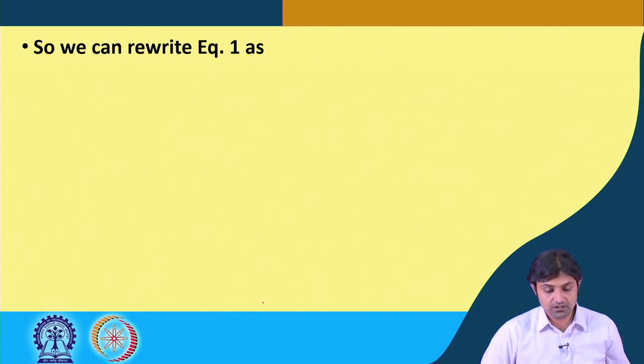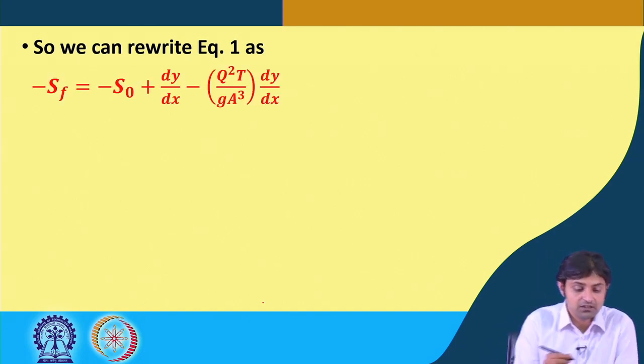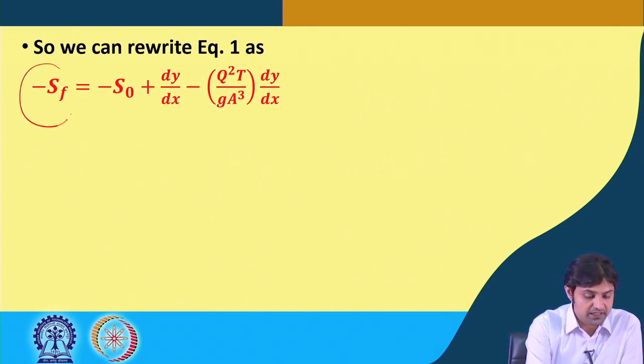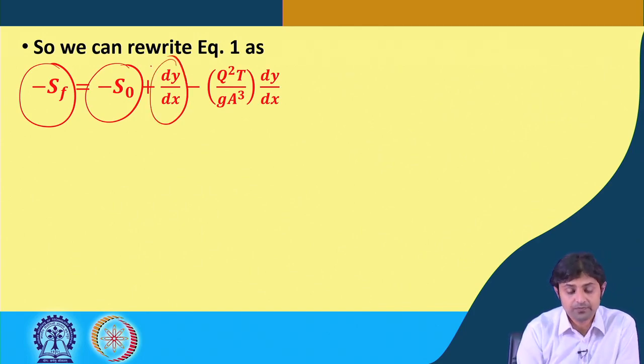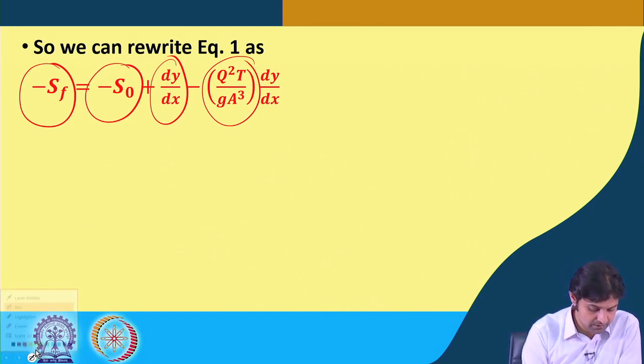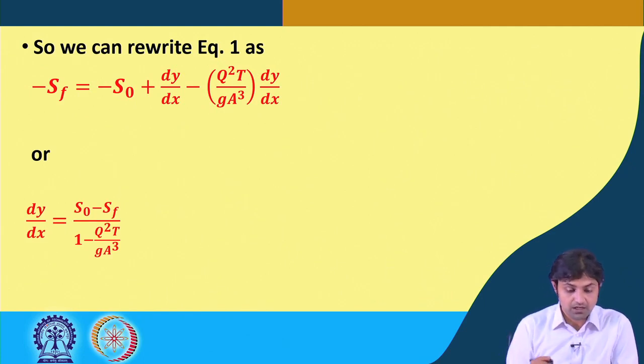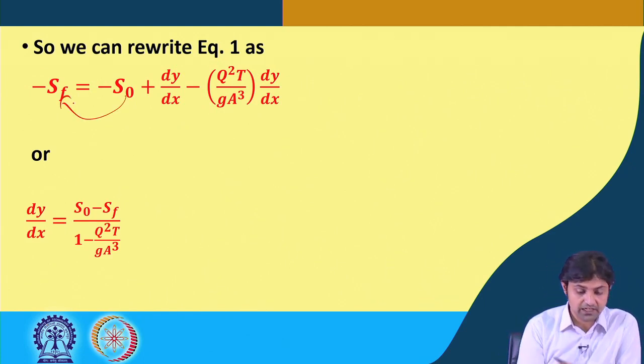So, if we rewrite equation 1, dH by dx was minus Sf, dz by dx was minus S naught, this dy by dx is the same, and this becomes Q square T by g A cube, from the previous slide, and this dy by dx. Each term you have understood now. So, we rearrange and take this S naught on this side, and dy by dx we take common.